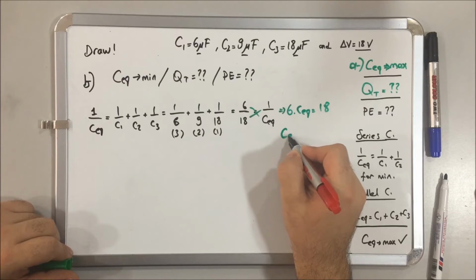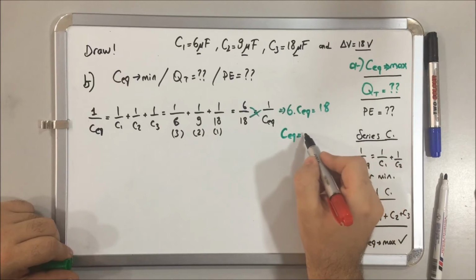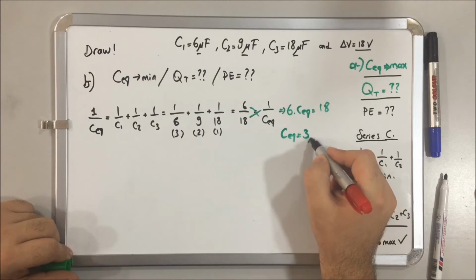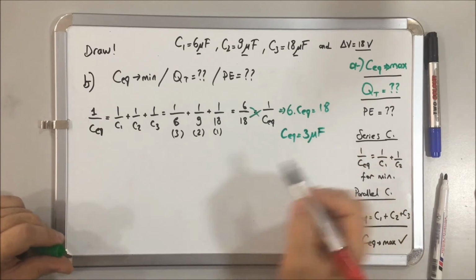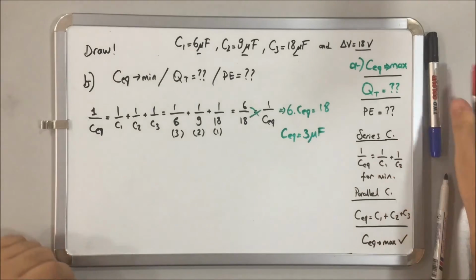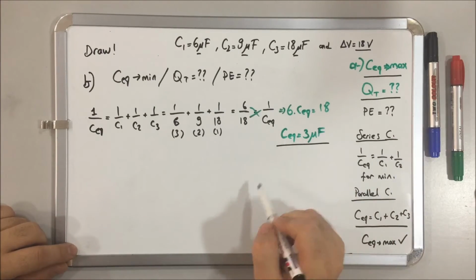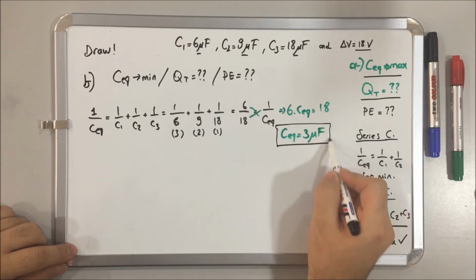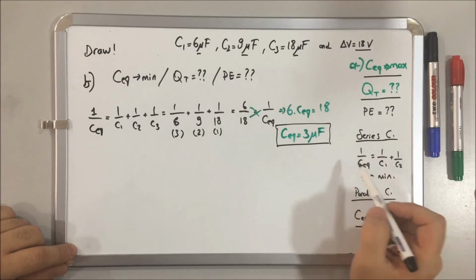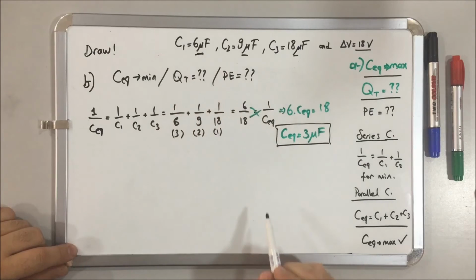So C equivalent will be 18 over 6, which is 3 microfarad. And so we have calculated C equivalent. As you see, it is less than the smallest capacitance.